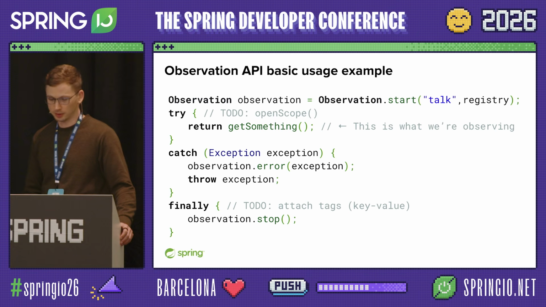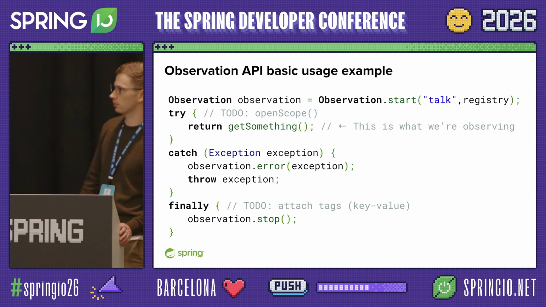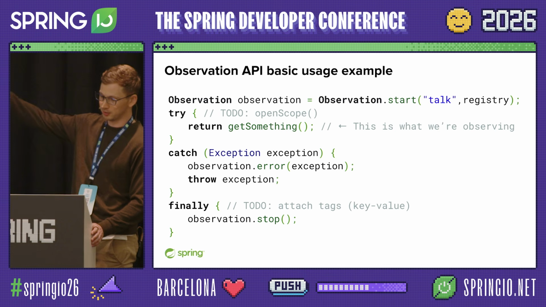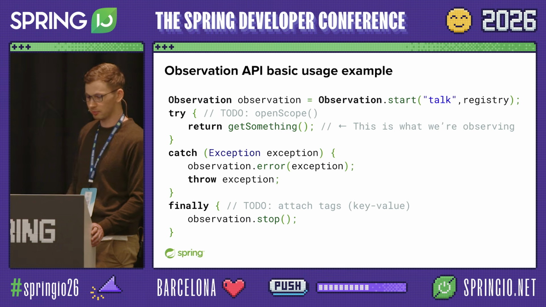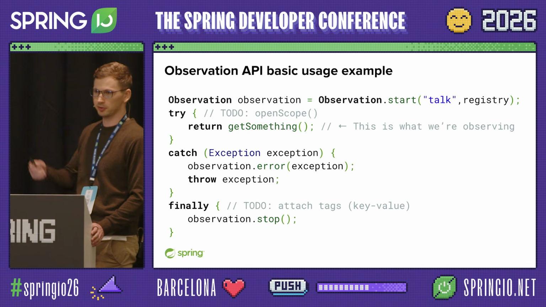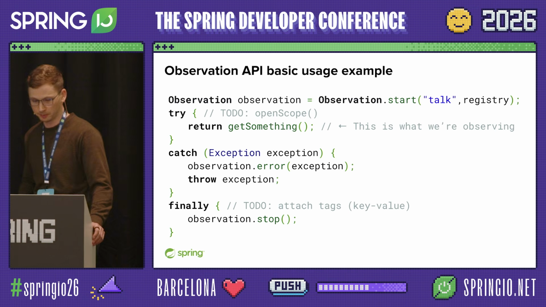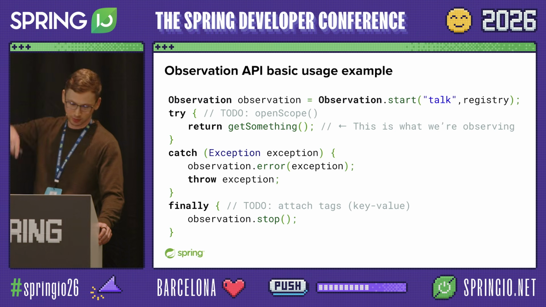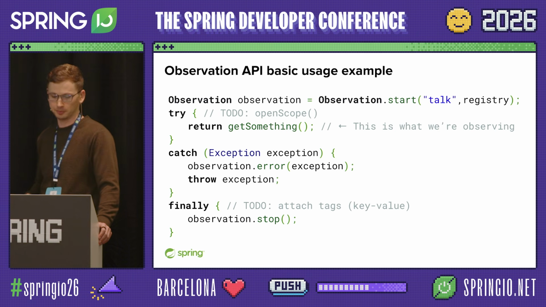So what does it look like? Here's some code for using the Observation API. You call observation start, pass an observation name and an observation registry, very similar to a meter registry if you're familiar with the metrics API. After starting it, you do the thing that you're trying to time, and then eventually you call observation stop.